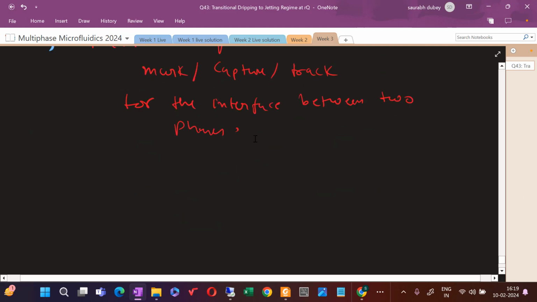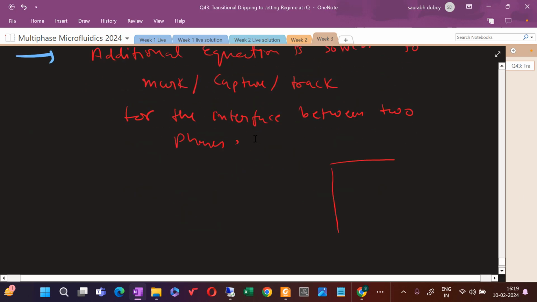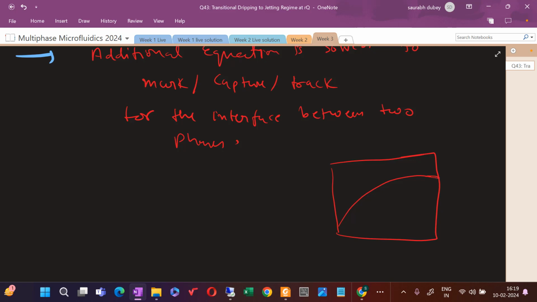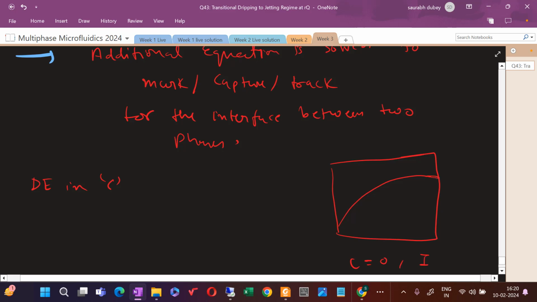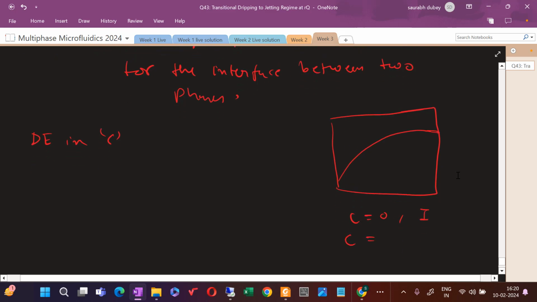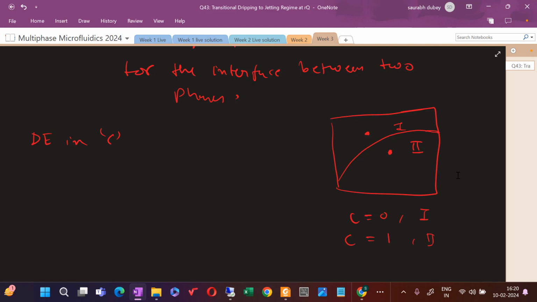So for example, suppose this is the condition in the fluid scenario, and this is the medium. So you have to solve a differential equation in C. We have a dependent variable C. So suppose C equals 0 is first phase and C equals 1 is second phase. So this is the first phase, suppose this is the second phase. So accordingly you have to decide the thing.